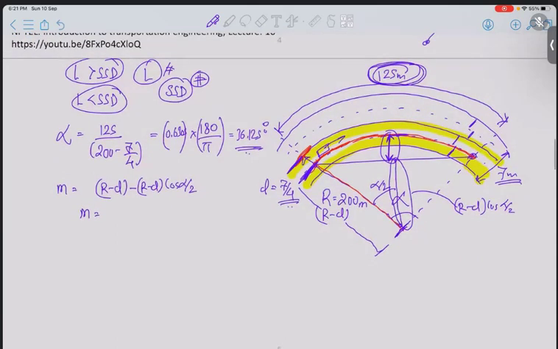So let's calculate it. Let's get the value. I am also calculating. Meanwhile, if you calculate before me, feel free to tell the answer.